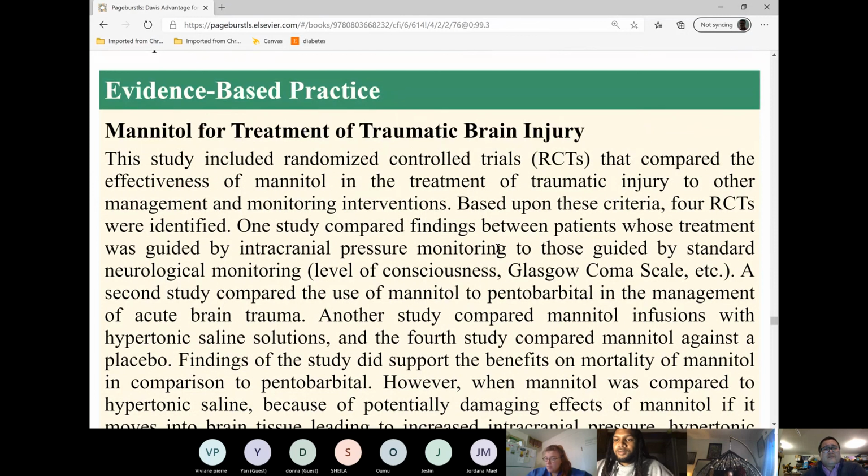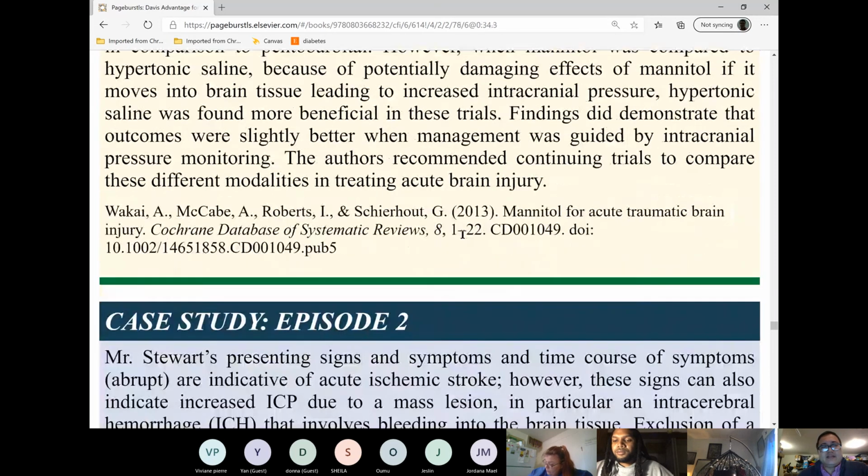Anyway, mannitol forms crystals. So you really should be drawing it up using a filter needle. That way you don't administer any emboli during administration. So make sure you draw it up with a filter needle and protect it from light, etc.